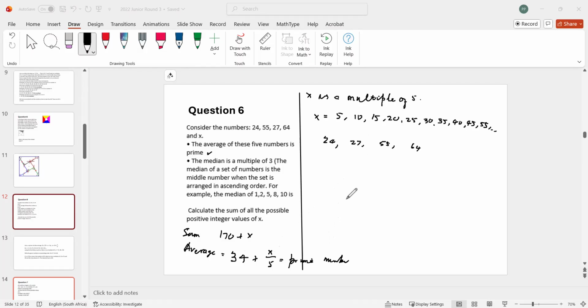So when x is 5, 10, 15, and so on, you got 34. If x is even, then this is even, and 34 plus an even number is an even number. It can't be prime. So x cannot be even, because then the whole thing is going to be an even number. So we can take out these as possibilities for x.